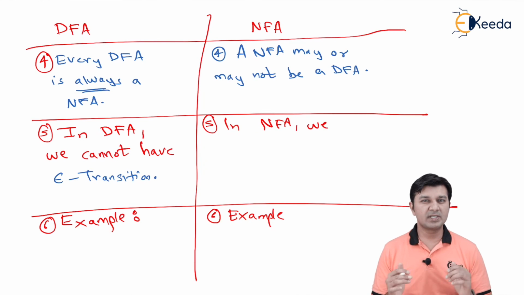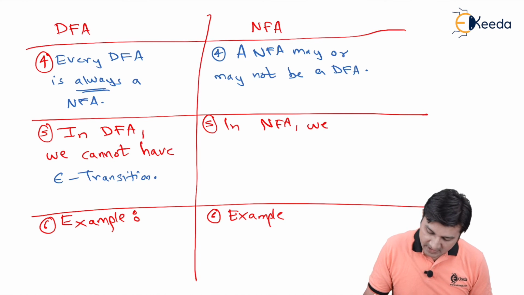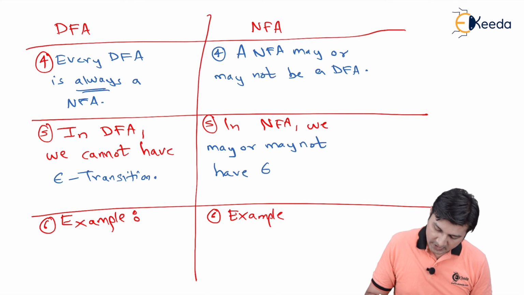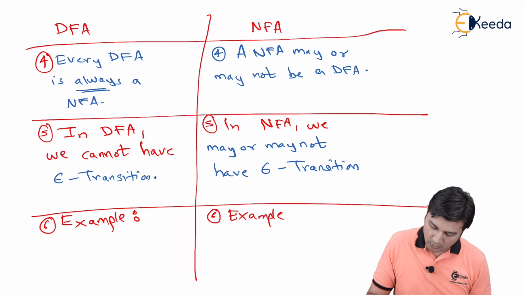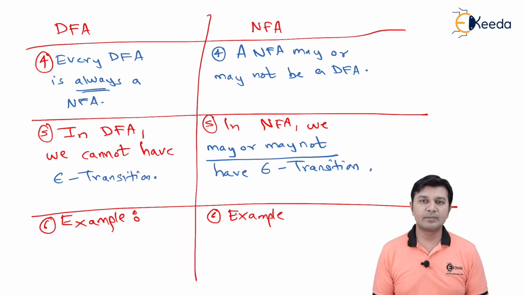So over here, just assume this point for the time being, that in NFA we may or may not have epsilon transitions. The example which we just saw before did not have any epsilon transition, whereas the further examples are going to have it.